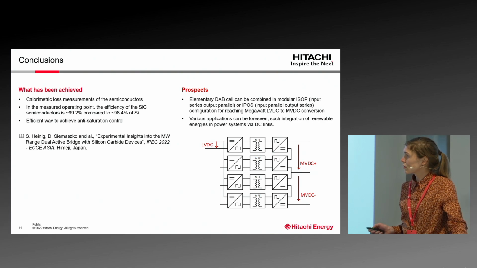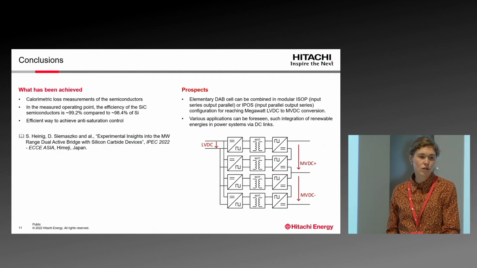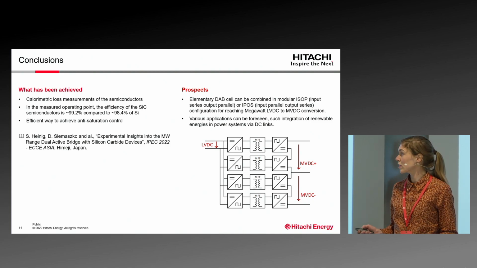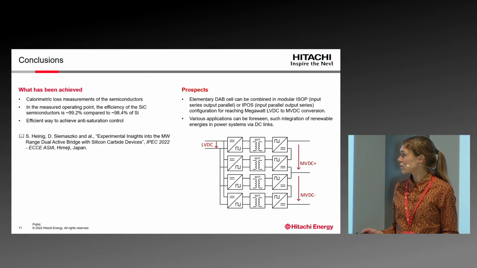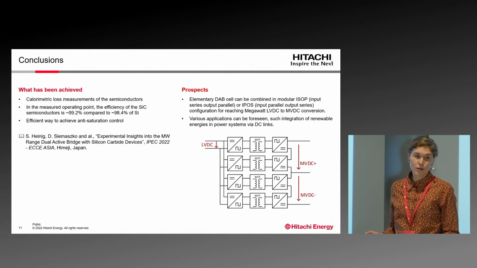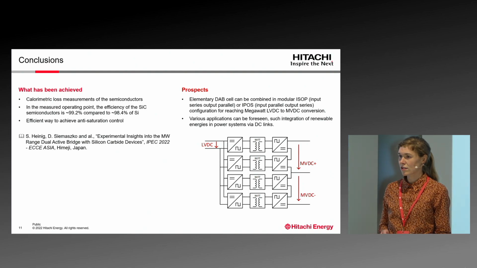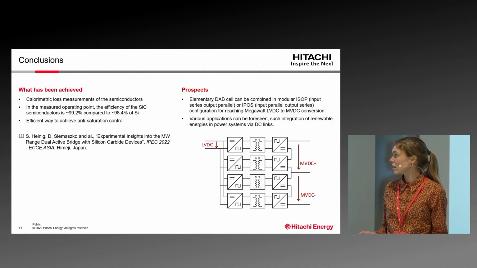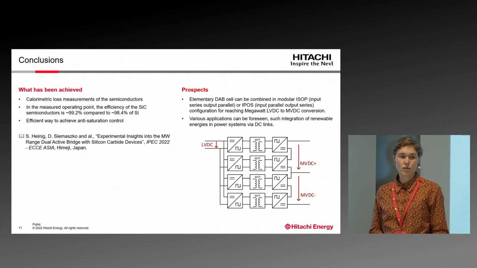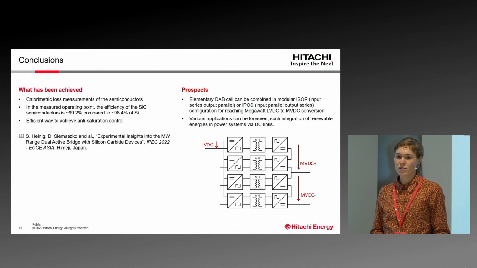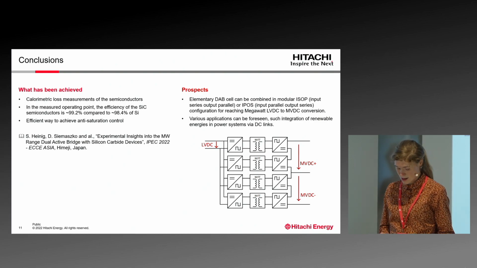And I showed an efficient way to achieve the anti-saturation control to avoid any additional components like the DC blocking capacitors for the DAB. Also, I would like to mention we have published the results that I presented here at IPEC ECCE Asia, which is the conference currently running in Himeji. So if you would like to have more information, you can turn to this paper.